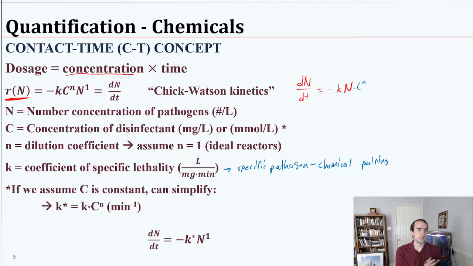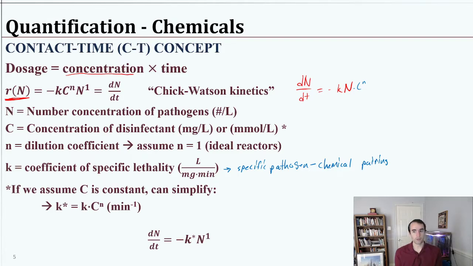So if you are designing a system to do chlorine against poliovirus, and then you decide, okay, I'm going to use that same coefficient of specific lethality to model chlorine with norovirus, you're going to get the wrong answer because each virus, each pathogen, each bacteria are going to have slightly different reactivities with the disinfectant, different vulnerabilities.